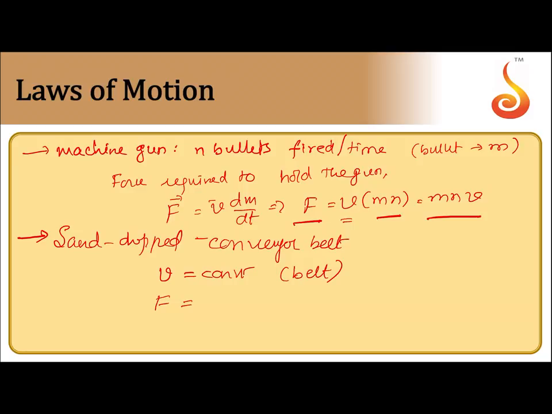If I don't apply any force at all, then because of more and more mass, the belt loses its velocity. But I want to keep its velocity constant, so I need to apply force. Then v into dm divided by dt is the force required to keep the velocity of the belt constant. What is that dm by dt? That's the rate at which the sand is dropped. What is that v? v is the speed at which it is added.